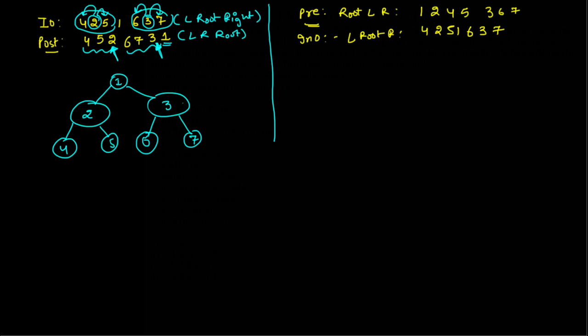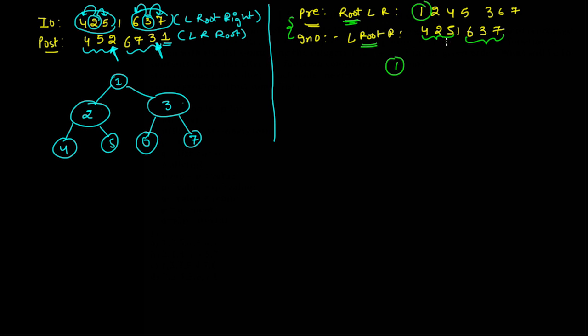Now let us see if we can get a unique tree from this in order and the pre-order. If you see this pre-order, in the leftmost part we have the root, and in the in order the root is in the middle part. So the leftmost part of the pre-order is going to give us the root. The leftmost part is 1, so 1 is the root. Now in this in order, this is the left part and this is the right part.